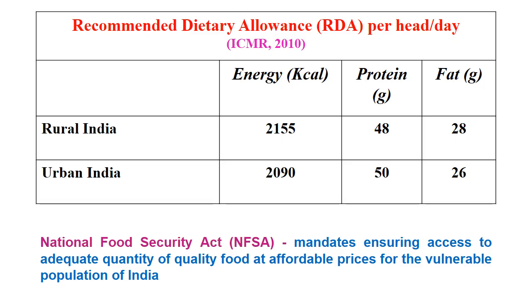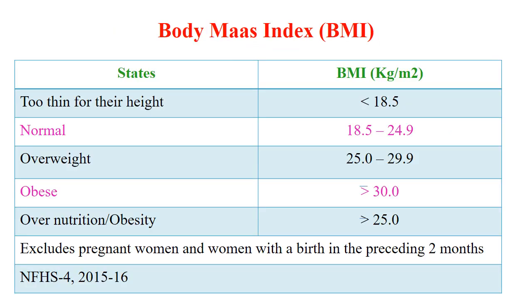It should be of adequate quantity and suitable quality at an affordable price. So that is one of the challenges for India to ensure for the large population. So far we have discussed food, what is food security, and what role it plays in health. But now we will see how it is affecting food habits and eating habits and human health.